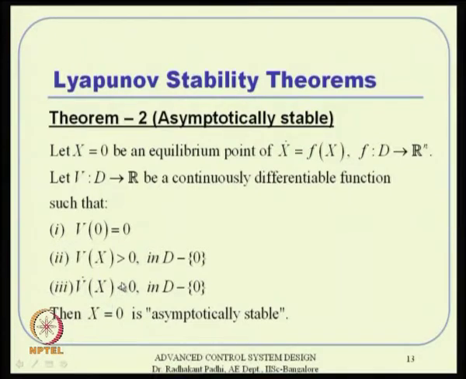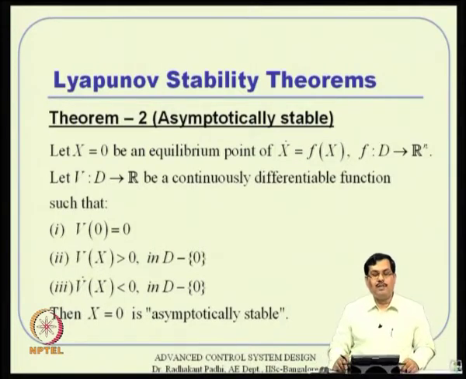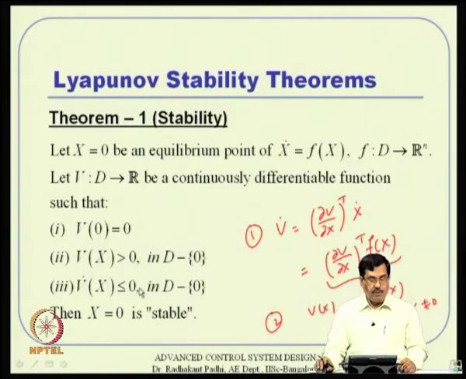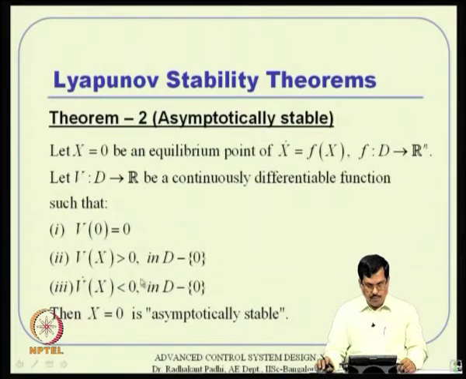That means V dot has to be negative definite this time. Intuitively it feels, okay, what is the big deal, if it is negative semi definite I can show that. But it turns out it is an order of magnitude more difficult. If you really want to show V dot is strictly negative definite, it is an order of magnitude higher in complexity actually.